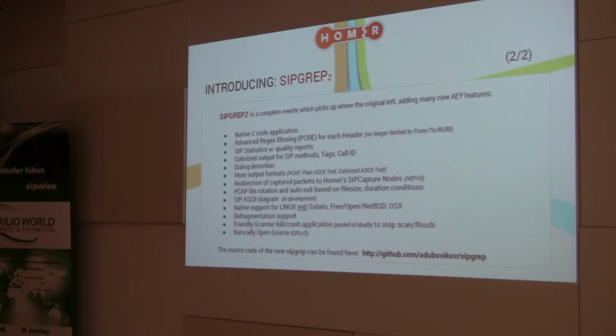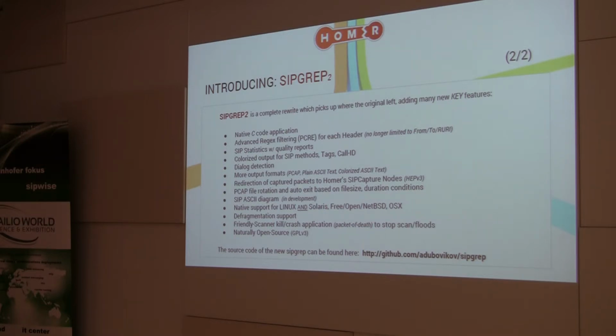Also, everybody knows about friendly-scanner. It's a very, very annoying tool, and probably only on our development server, we receive 3 to 5 DoS attacks each day. It's very annoying, so we decided to integrate a small patch in SIPgrep, which will send a special packet to friendly-scanner, and it will be stopped.